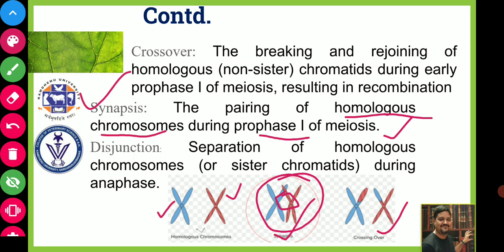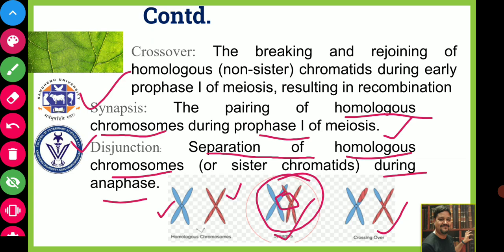Then a related term is disjunction. The name itself tells that there will be breakage of junction. So what is breakage of junction? It is the separation of homologous chromosomes during anaphase.